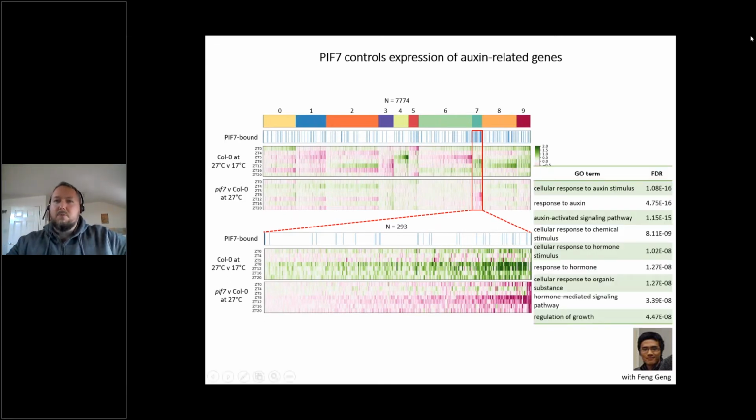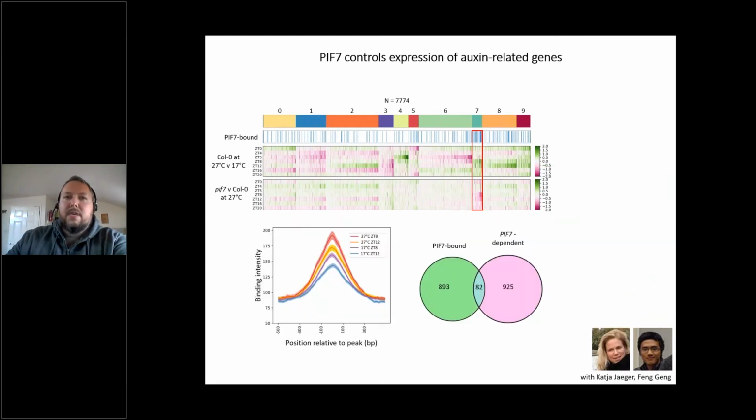When we performed GO-term analysis of this cluster, we basically found all GO-terms related to the phytohormone auxin: response to auxin, auxin signaling pathway, etc. Now, this in itself wasn't that surprising, because auxin is well established as an essential component of temperature-dependent elongation responses. But nevertheless, it confirmed that PIF7 is really important for these elongation responses.